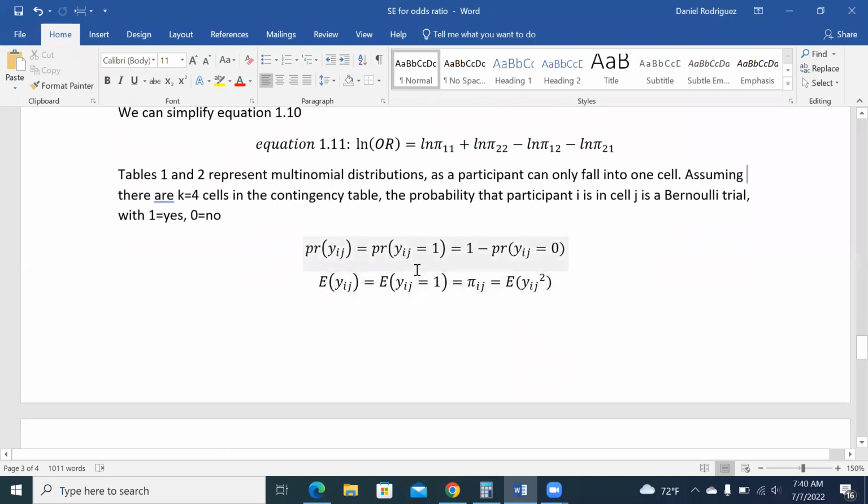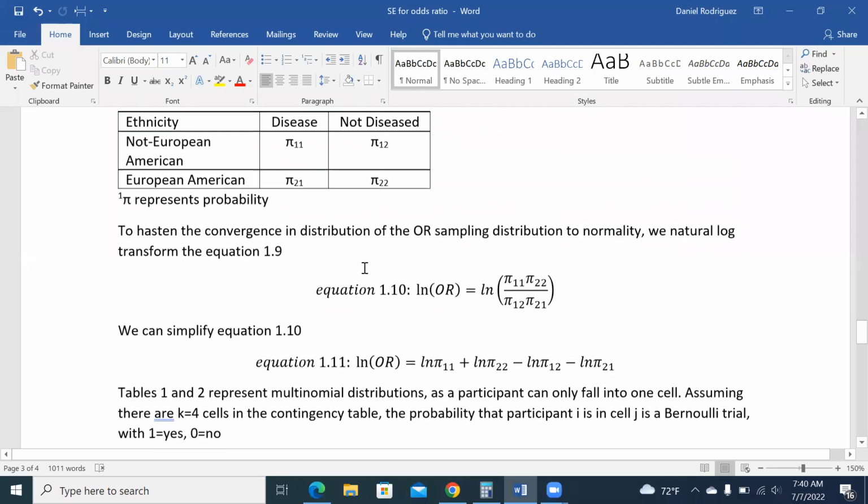And then for the Bernoulli trial, you have the following: the probability of success, the probability that this Yij, now I use the terminology I and J. I is the first element here, and J is the second element. So pi 1 1 would be being in row 1, column 1, right? The first item is the row and the second is the column.